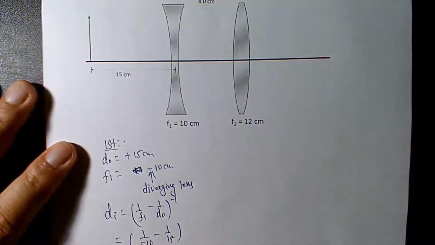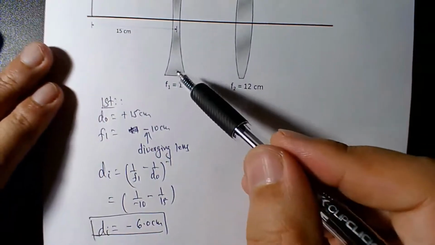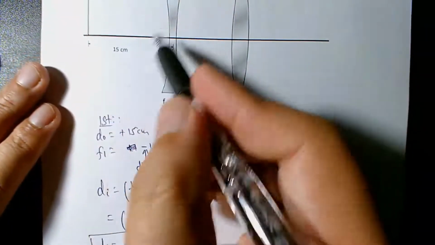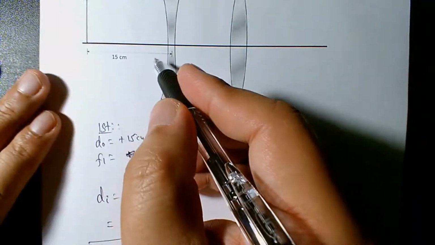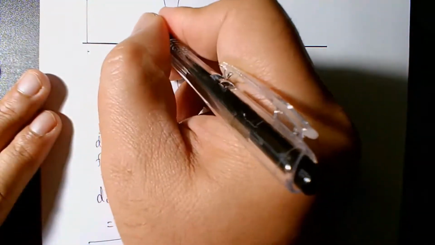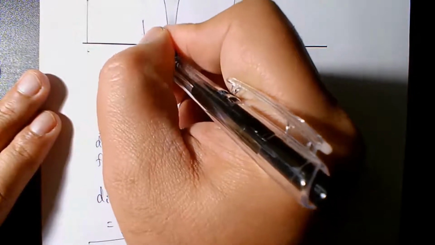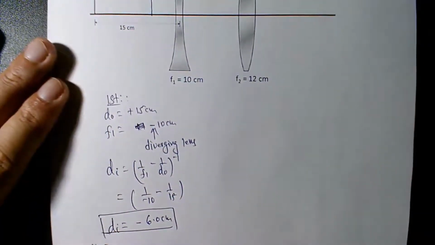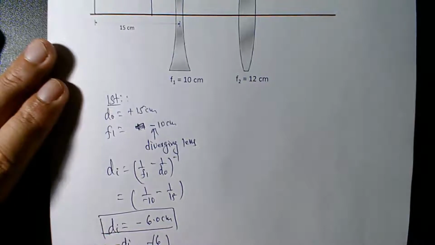So that simply means it produces a virtual image at 6 centimeter on the same side actually. You can do the ray diagram, and it will form on the same side, and it will be upright and diminished. You can see actually, because m1 will be negative di over do, negative 6 divided by 15, right?